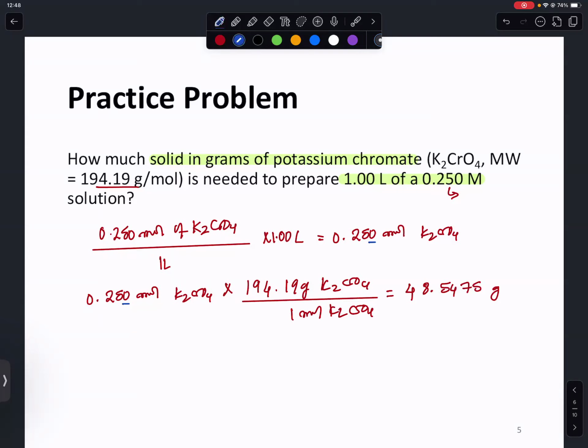And lowest number of sig figs here is 3. Therefore, I have here 48.5 grams of potassium chromate.